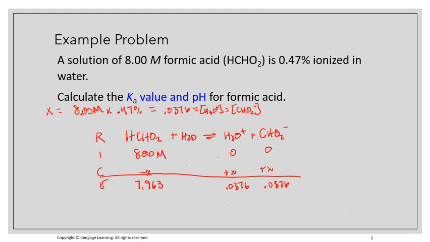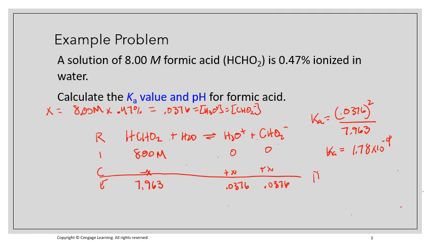0.0376. So I can set up for my Ka for the first part, 0.0376, and I can square that and divide it by 7.963, and I would end up with a K value of 1.78 times 10 to the negative fourth for the Ka value.